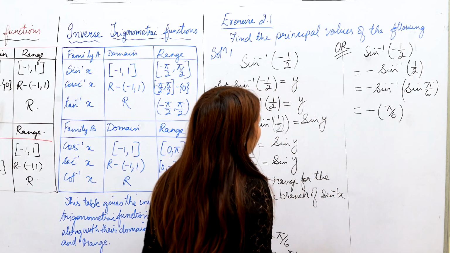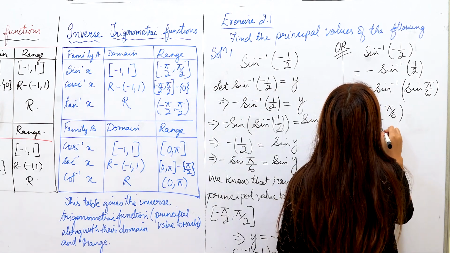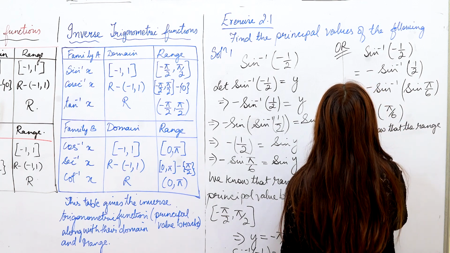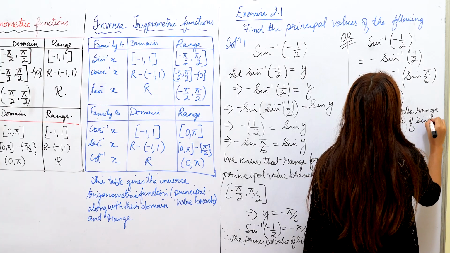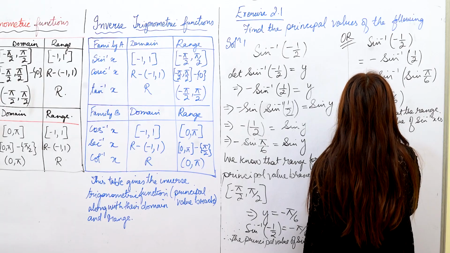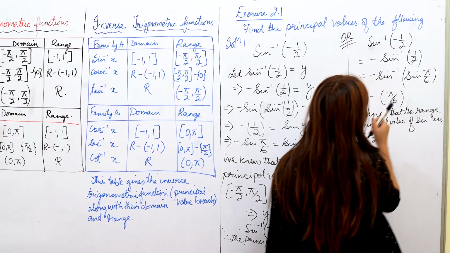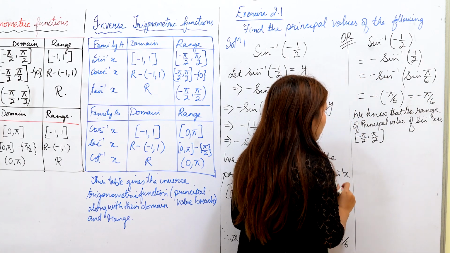So indirectly we know that the range of principal value of sine inverse x is from minus pi by 2 to pi by 2. Minus pi by 6 will lie within this range.